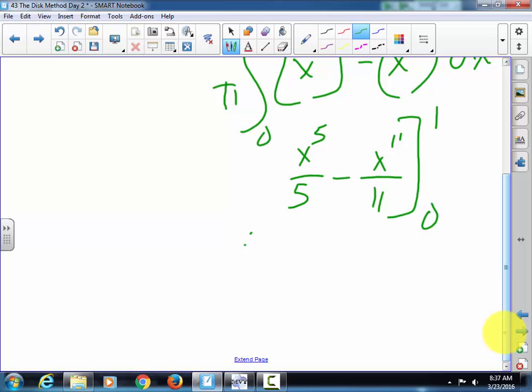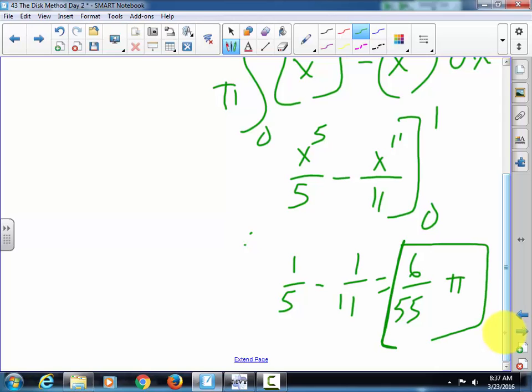Because if you did top minus bottom squared, that's making it into one wall. Top minus bottom, you're just getting one figure there. This would give us 1/5 minus 1/11, which is 6/55 pi. That would be our final answer there.